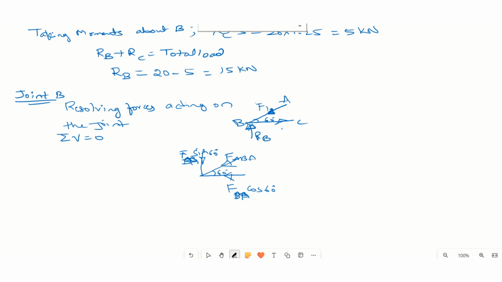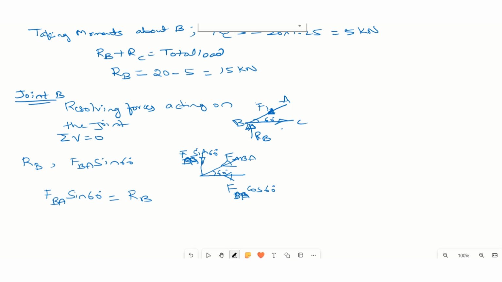So the vertical forces: one is upward, that is RB. One is vertically downward, that is FBA sin 60. One is upward and one is downward, opposite to each other, so you have to equate these two.